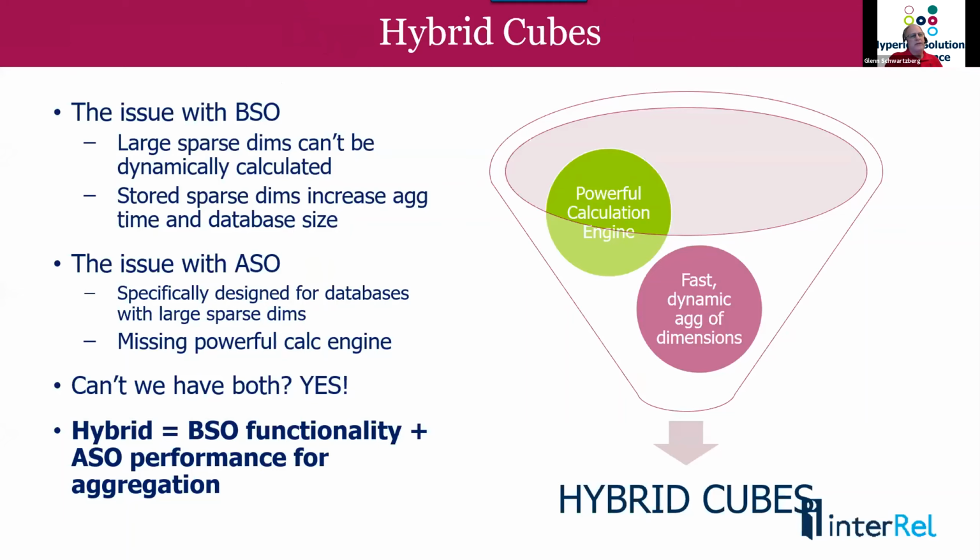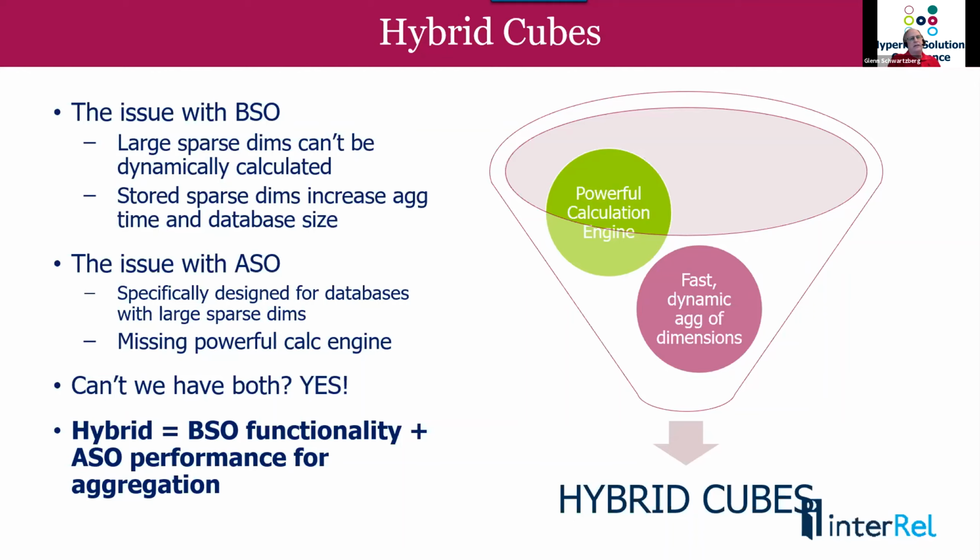So some of the issues that we run into with a BSO cube are sparse dimensions, especially large ones. We can't dynamically calculate them because it has to bring the blocks into memory to do that. And if we have 1 million members, we really don't have the memory to bring in 1 million blocks. Stored sparse dimensions increase our aggregation time and the database size.